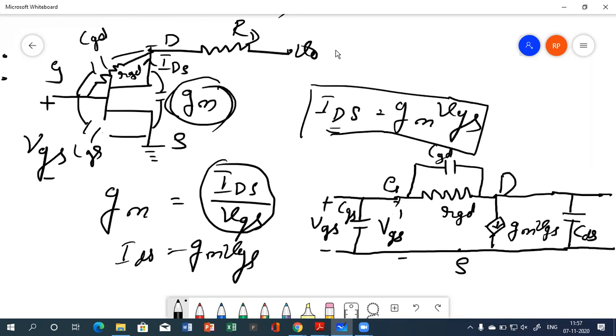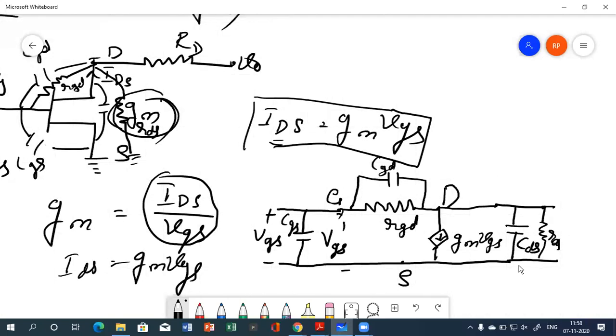But here I will write the resistor between the drain and source. I call it RDS. The same thing I will connect here also. So this is the resistor between drain and source. We call it RDS.